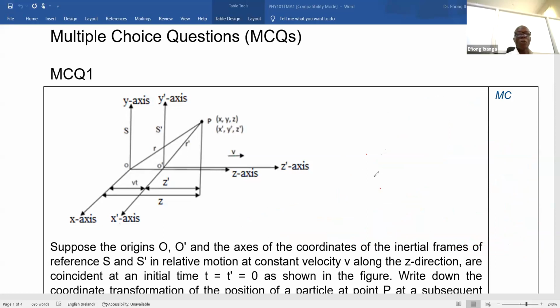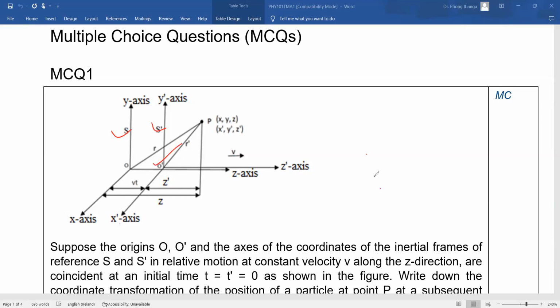Now, let me also talk about something else. Suppose I have two systems here. One is S and the other one is S prime. Can you see it? Let us take S prime to be the train. The passenger in the train is sitting somewhere here, and let us call that passenger O prime.